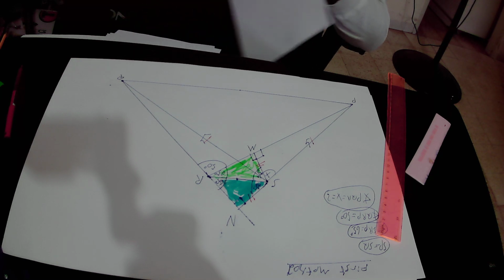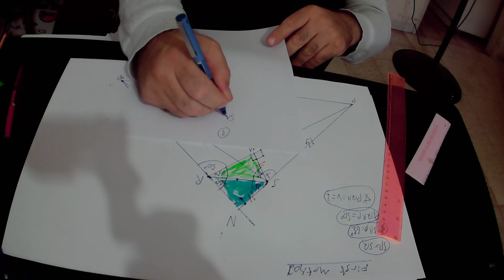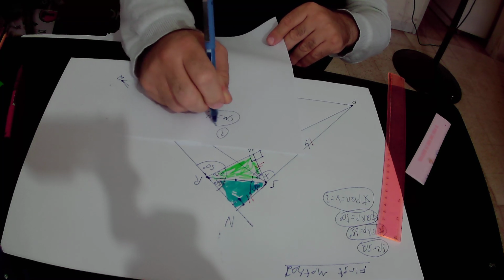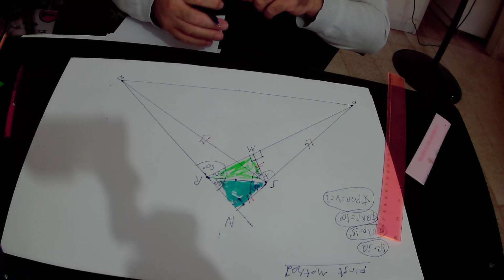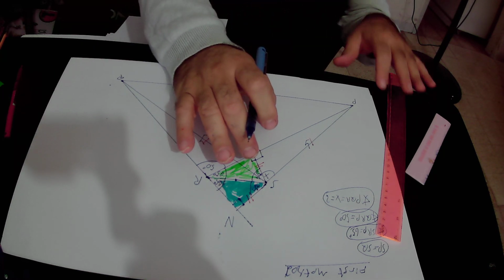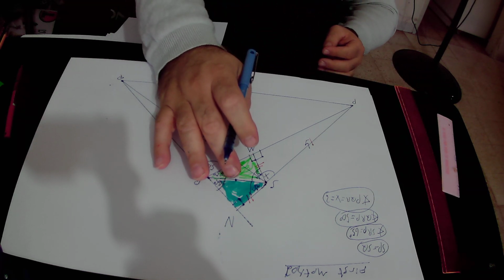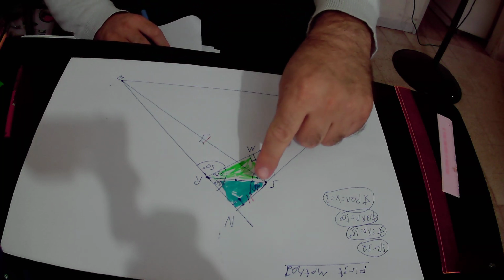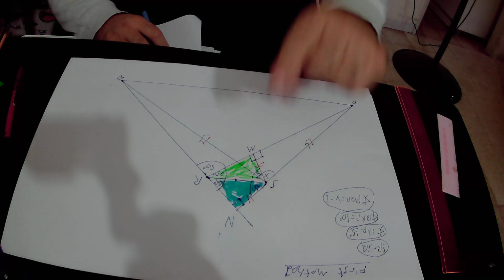SM equals SN, according to the rule that corresponding sides in congruent triangles are equal to each other. The green triangle is congruent to the blue triangle, therefore those two corresponding sides will be equal to each other.